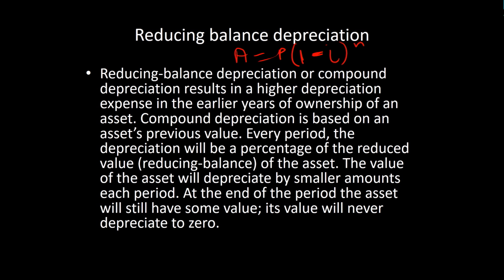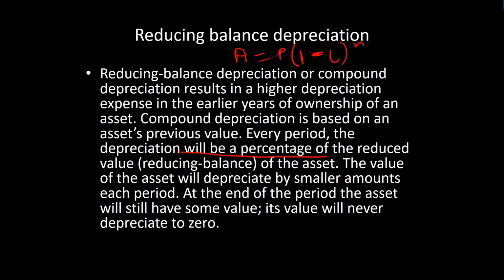So what happens with reducing balance or compound depreciation? We have higher depreciation expense in the earlier years of ownership. It's based on the asset's previous value, and every period the depreciation will be a percentage of the reduced value of the asset. So this is the whole idea of compound interest, but now it's compound decrease that's coming into play, where we're taking away smaller amounts each time.